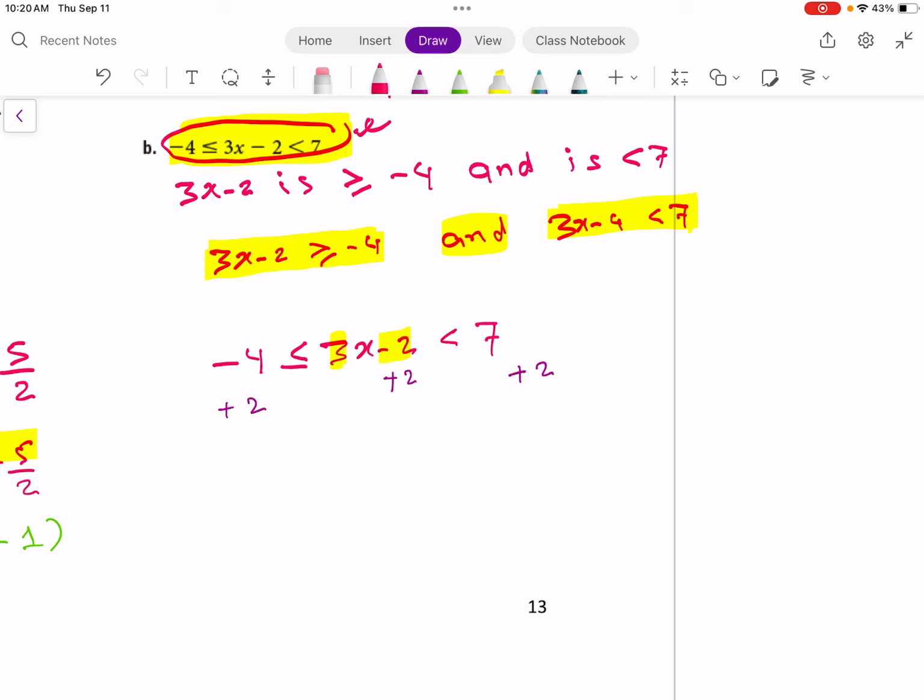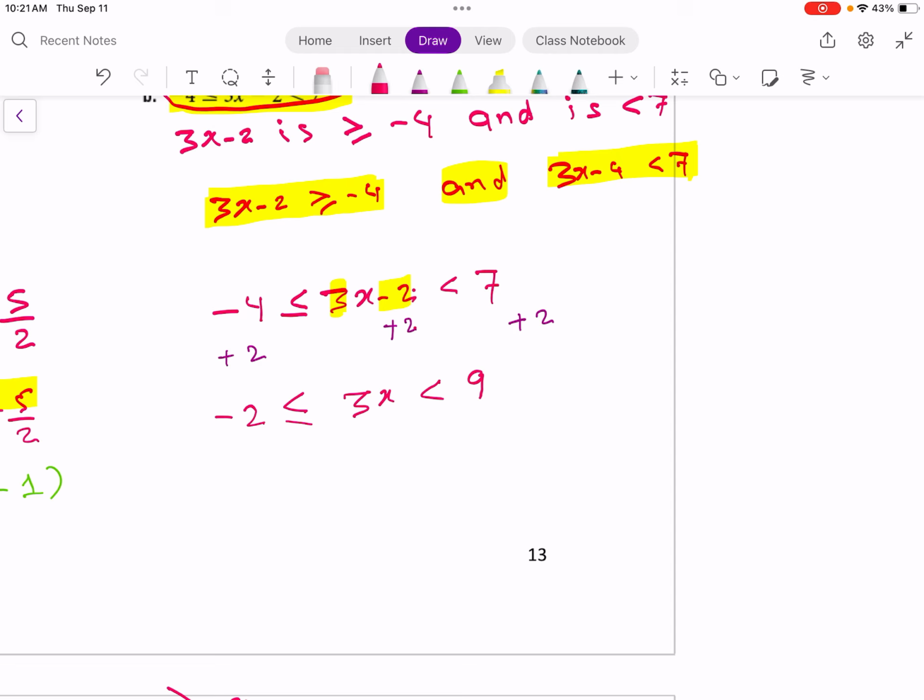So negative 4 plus 2, that is negative 2. Okay, so the inequality sign remains the same since we are adding the same number, so there is no change in the inequality. Then negative 2 plus 2 is 0, we have 3x less than 9. Now the x still has its coefficient 3, we have to make it 1.